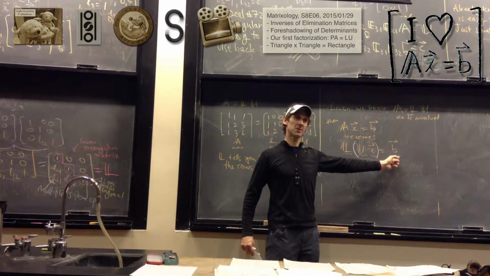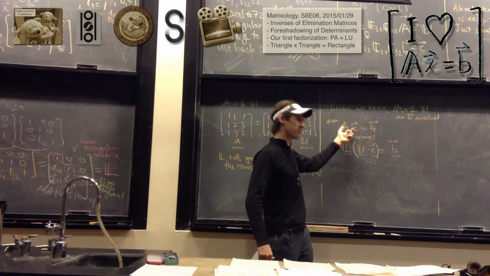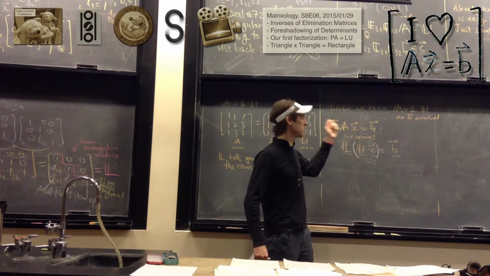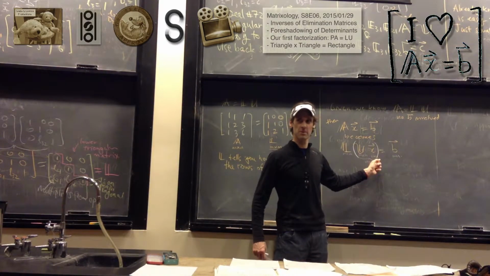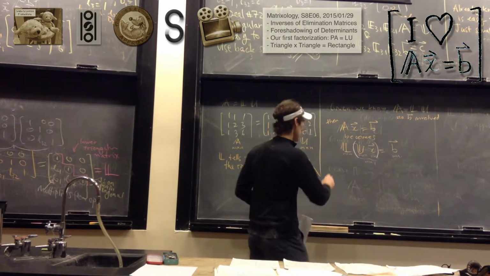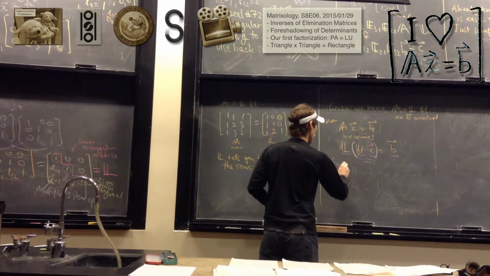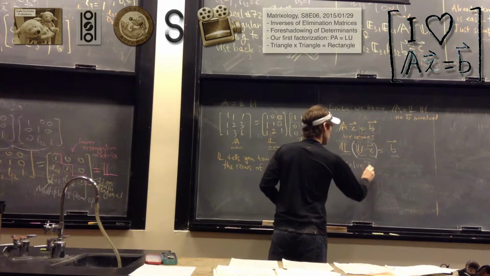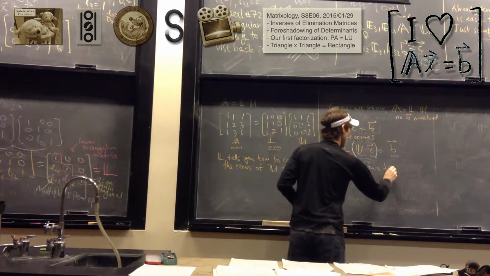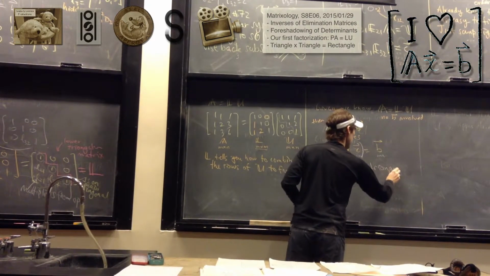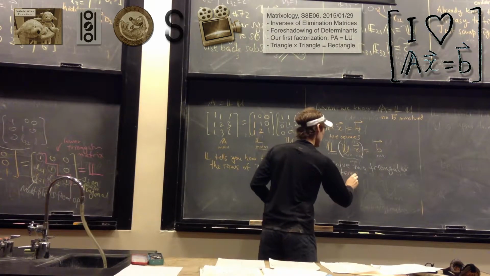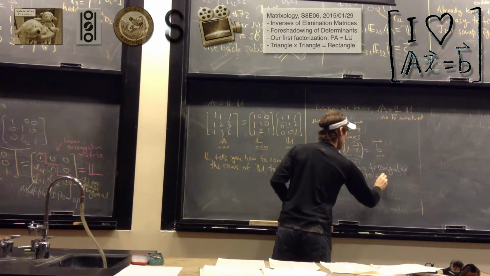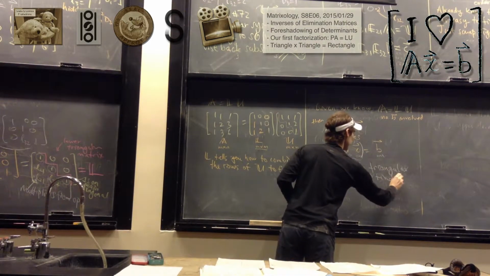This is where it's truly exciting. Instead of messing around with this A anymore, we've turned A into two triangles, and we solve two triangular systems in a row. That's the big deal: two triangular systems to find x.